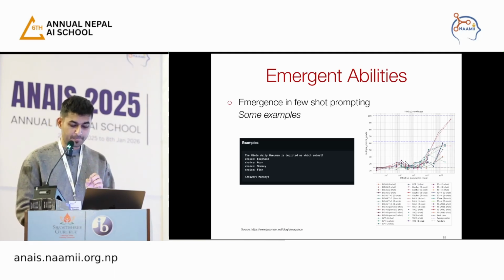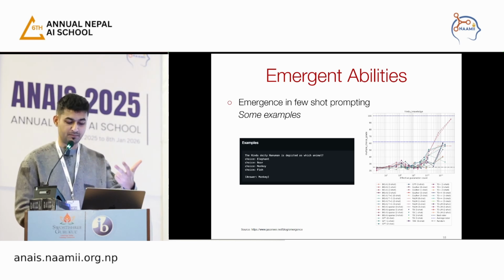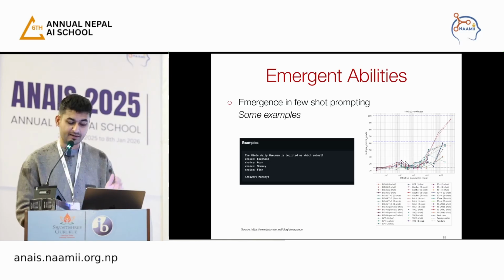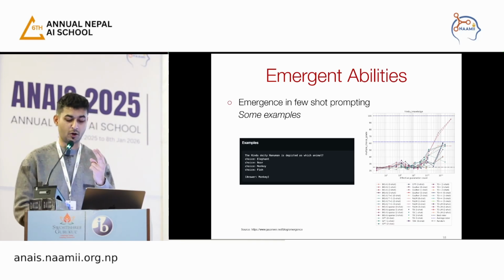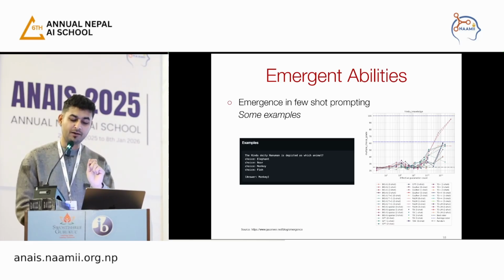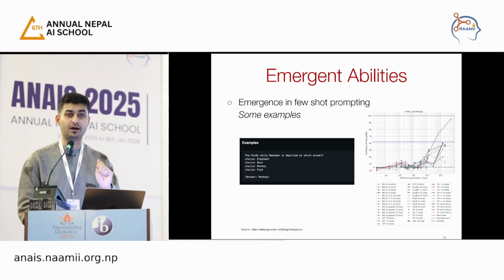There are 2 things to observe here. On the y-axis is the performance. On the x-axis, there's model parameter count. Different models here show examples of 0 shot, 1 shot, 2 shot, even 3 shot, with respect to parameter size. The observation is that as the model parameters increase, there's a sharp increase of performance.